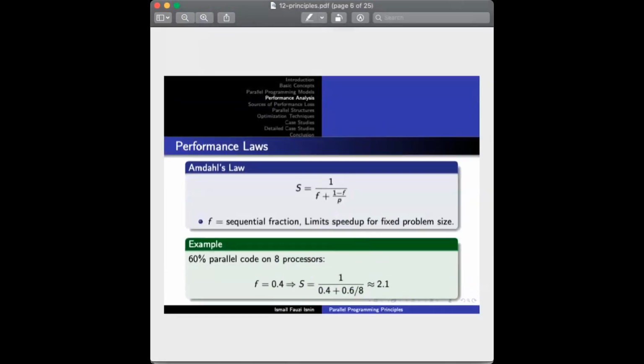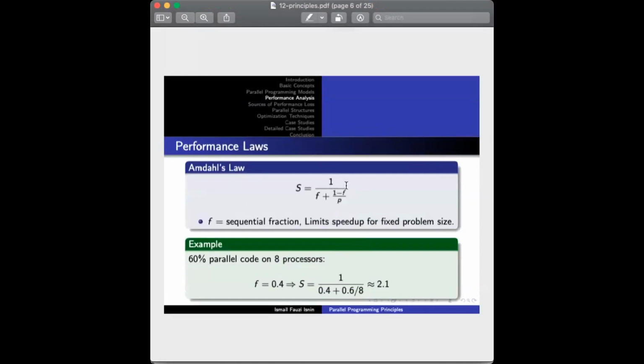Performance laws. To understand the upper bound of strong scaling, we look at Amdahl's law. The formula is stated as you can see here.